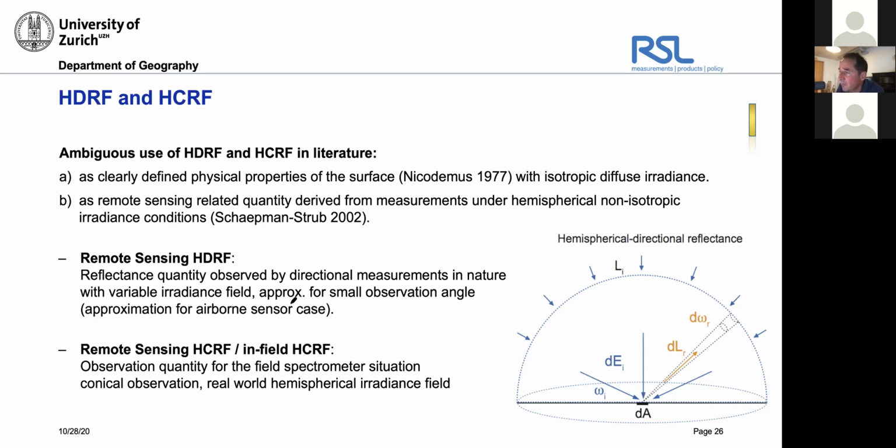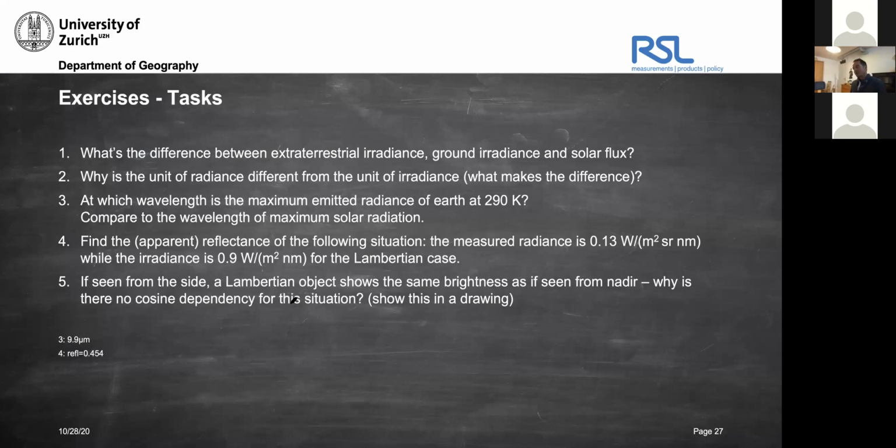Then some people use the same term for this, which is very confusing. But just be careful if using the term HDRF or HCRF. There are two definitions around for that.